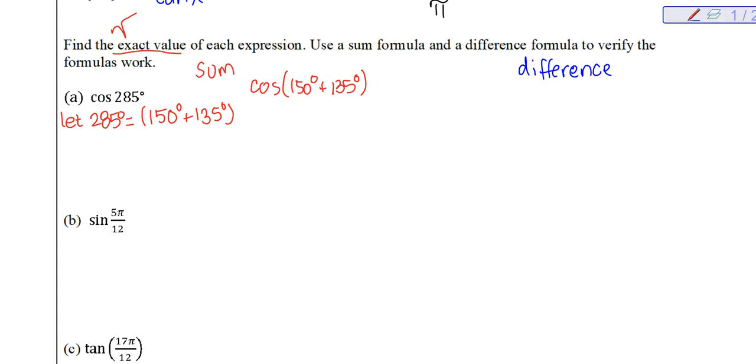Are you ready? So what's the formula? If I'm doing the cosine of the sum of two angles, it goes cosine of 150, cosine of 135. Please label with degrees, because otherwise you're telling me radians, and 150 radians is a lot of radians, right?